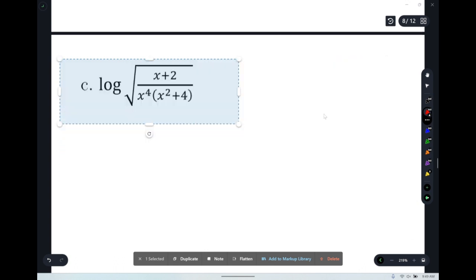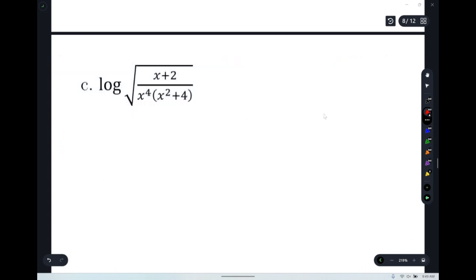We do have to remember all of the rules of logs. There are 3. Actually, we could refresh those real quick. There's really only 3 rules. It's log of A times B turns into what?